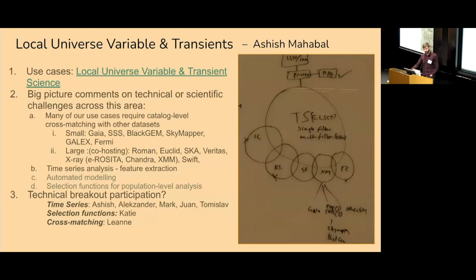Feature extraction was another important thing as we get longer and longer time series. So we'll have a list of features, but what else could be happening there? Automated modeling in terms of, say, what yesterday was presented for macro lensing. We did have a new use case today, which was not fully discussed. That was about technosignatures.